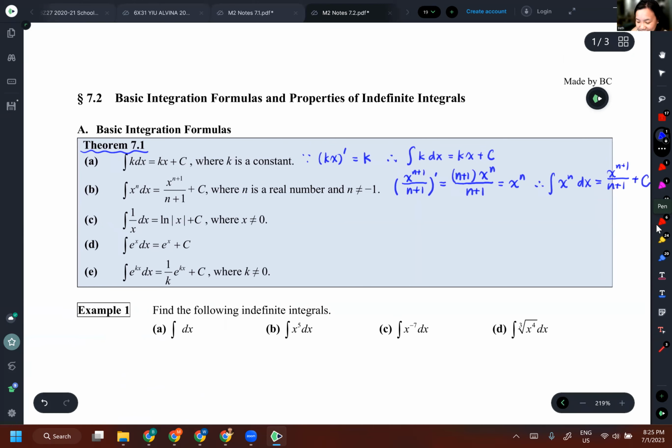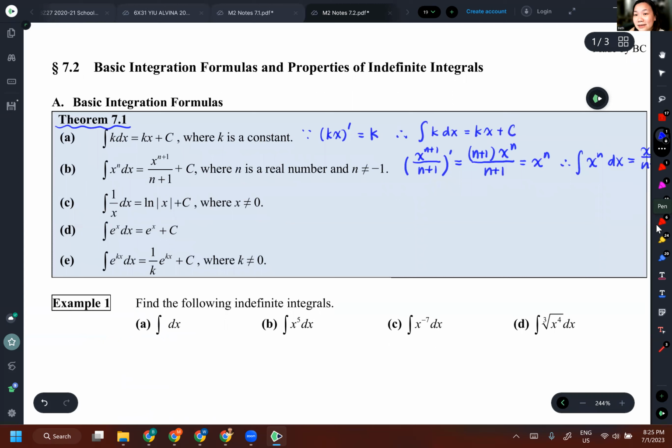Moving on. C. Now, why is C correct? Now, you can see that C is not very easy to check, because in C, it has an absolute value sign.